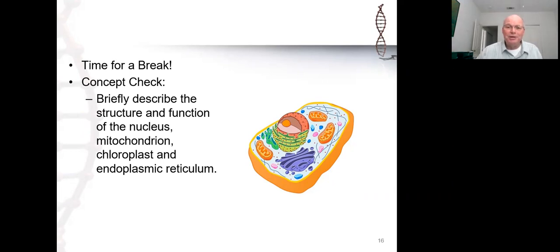The endoplasmic reticulum, that is the location of much of the biochemical synthesis that occurs in cells. So sugars are produced here, many proteins are produced here, lipids are produced here. It is a major manufacturing site where many of the macromolecules are produced.